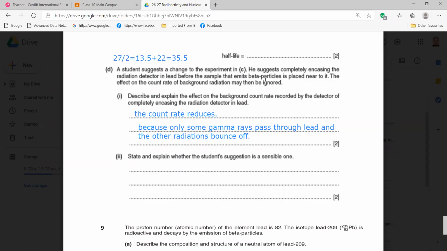So the detector won't be able to detect any count rate from the source. So for these two reasons, you can write these 2 points. You will write no, that is 1 point, and another one is the explanation, why no.